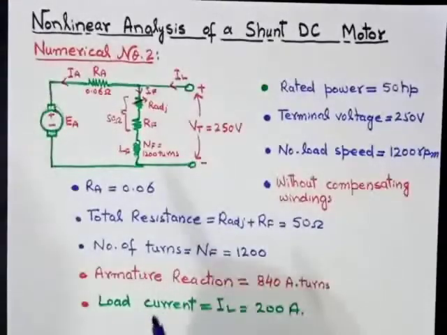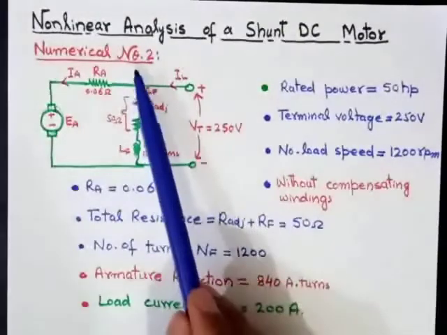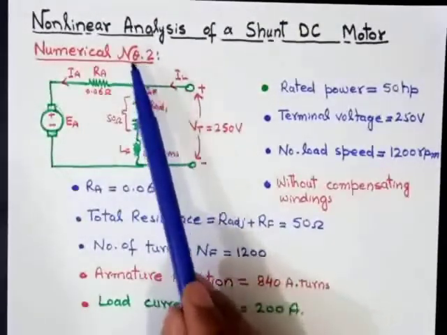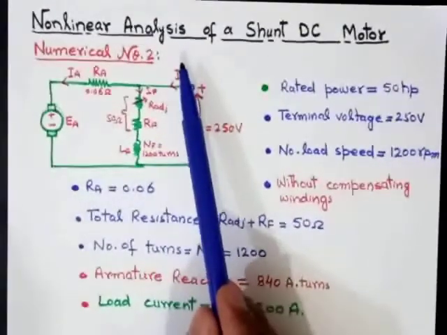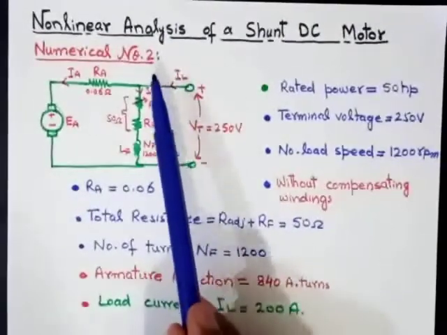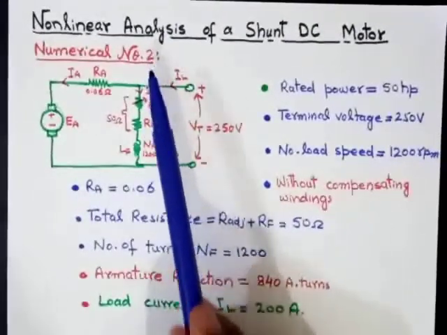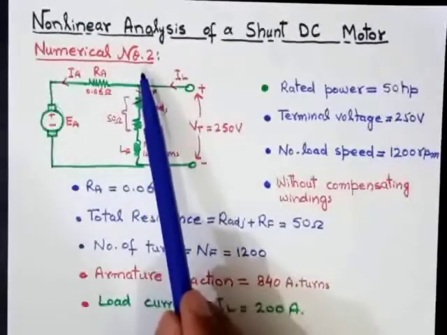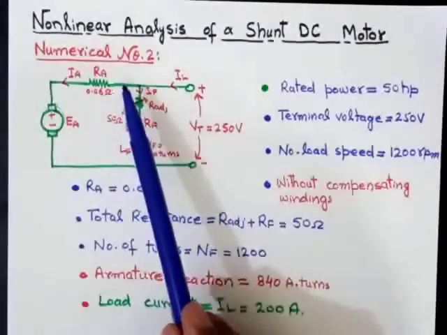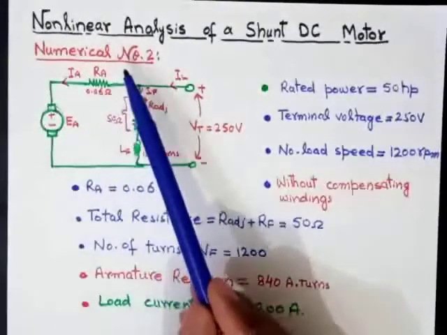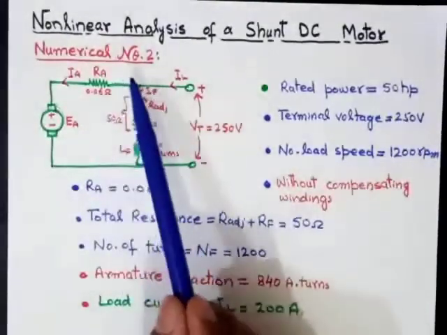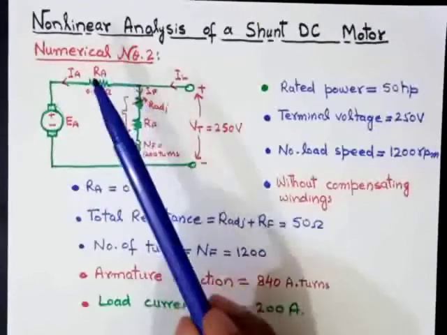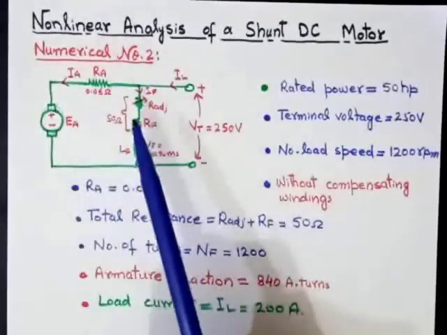Now, we will solve a numerical to reinforce these things. The numerical is the same as numerical number 1. The only difference is that it is without any compensating winding. In numerical number 1, we used the compensating winding. Now, in numerical 2, the problem is without any compensating winding.